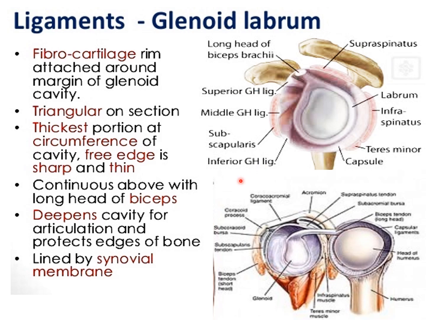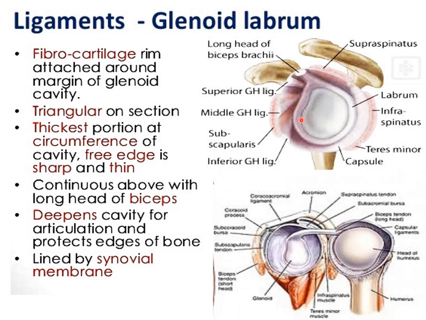So coming to the glenoid labrum. This is the glenoid labrum, which is attached to the peripheral margin of the glenoid cavity. It is a fibrocartilaginous ring.